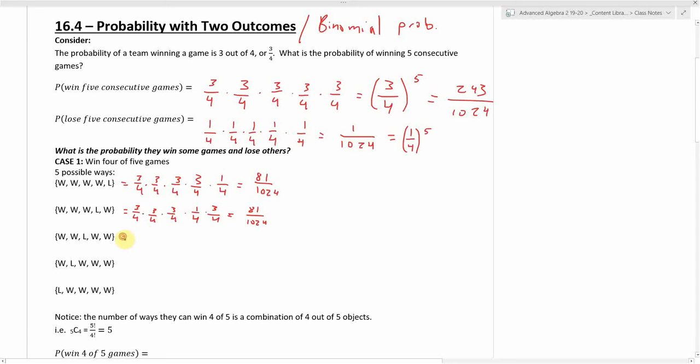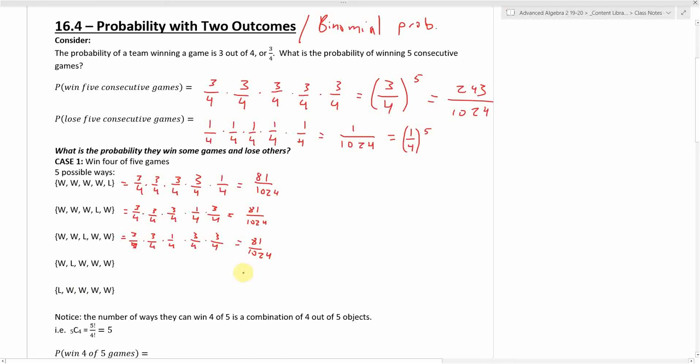And what we'll see here is, because multiplication is commutative, maybe we move their loss to the 3rd game, but even if we do that, we end up getting the same value again. And so we see it doesn't really matter where that loss is. They're going to have the same probability regardless of where that loss falls. But there are 5 different places where that loss could fall.